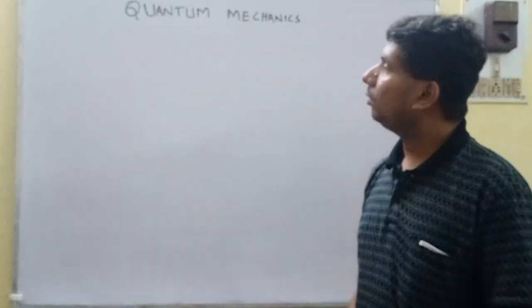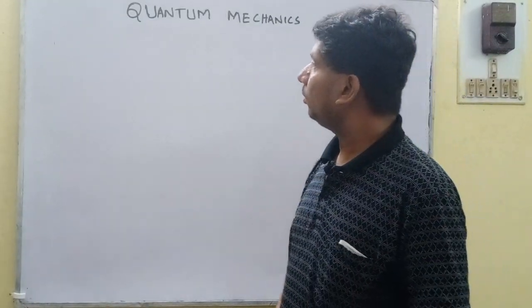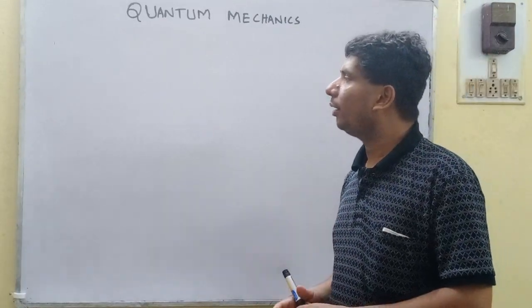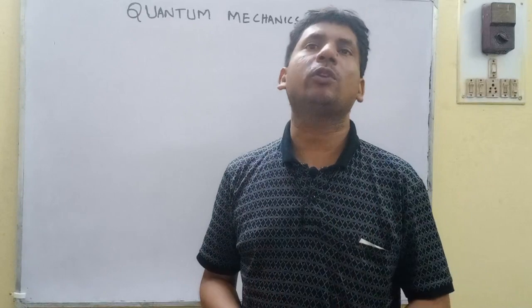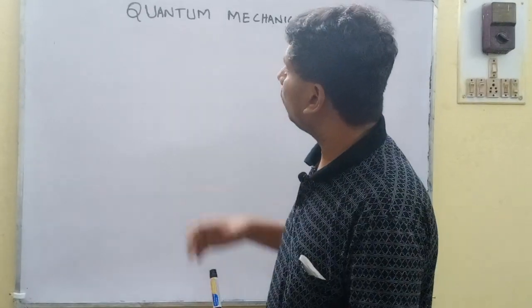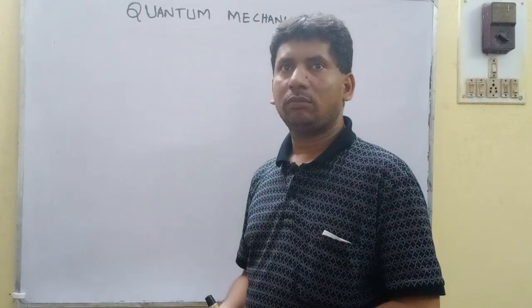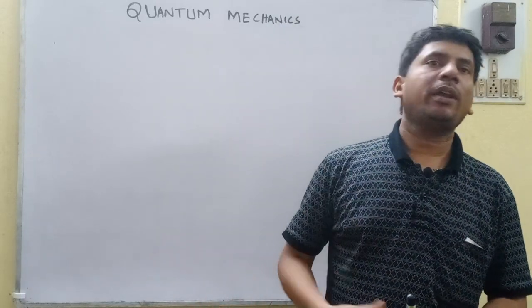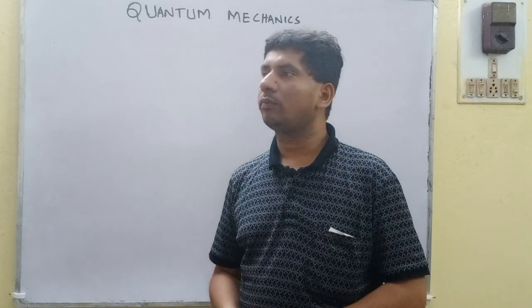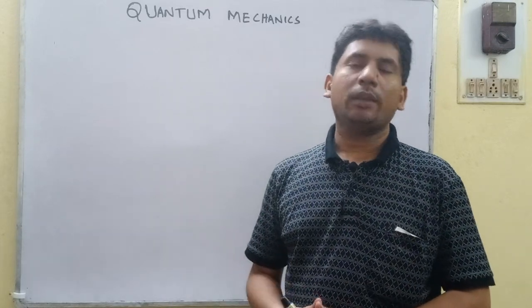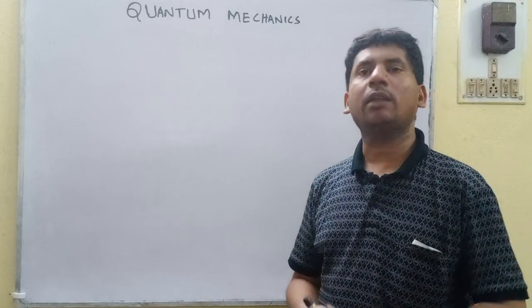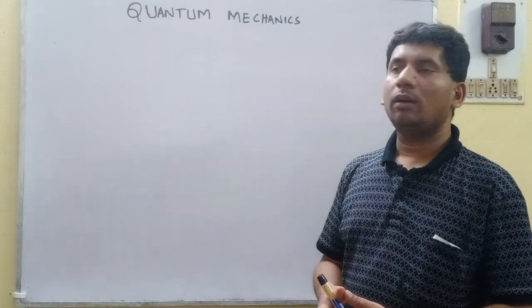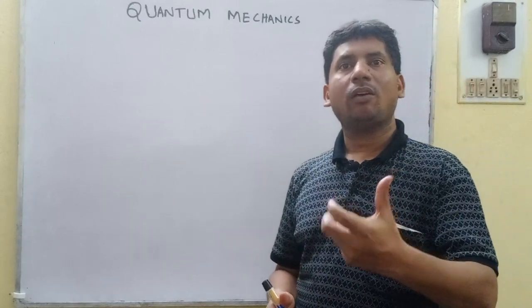Now how can we explain different operators? We may use just a position, a dynamic variable position. So x is a position, it is a dynamic variable. p is a momentum, it is a dynamic variable. E is an energy, may be a dynamic variable, and they can also be used as operators.